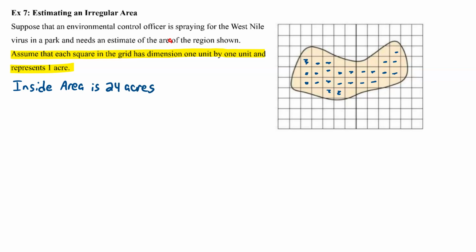We can also look at how many of these are not completely contained in this figure. So we've got 1, 2, 3, 4, 5, 6, 7, 8, 9, 10, 11, 12, 13, 14, 15, 16, 17.